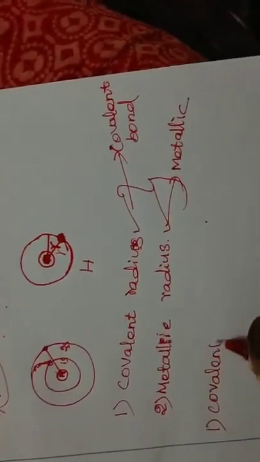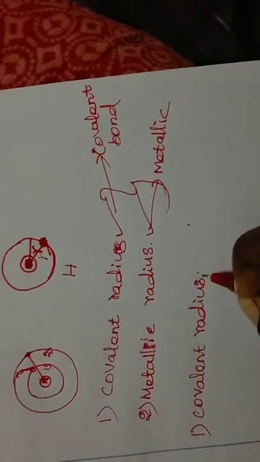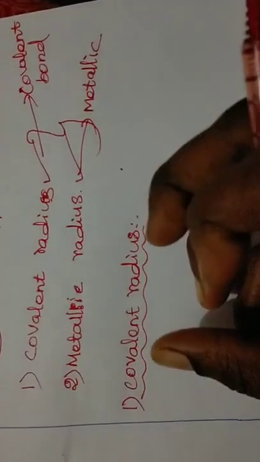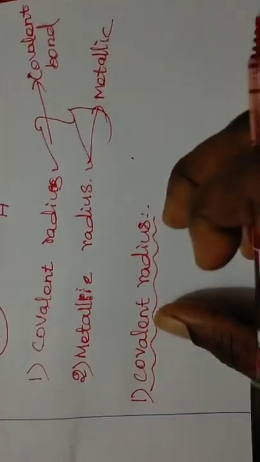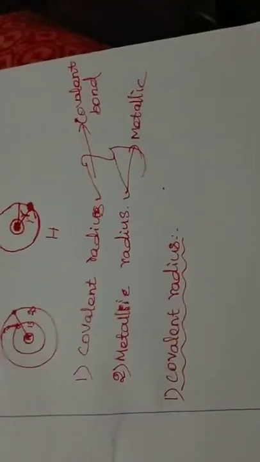First type is covalent radius. As you know already about the covalent radius, atoms which are linked together by a covalent bond, we use covalent radius measurement to find out the atomic radius of that particular molecule or particular atom.